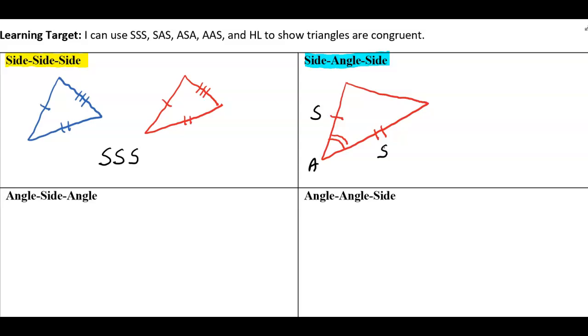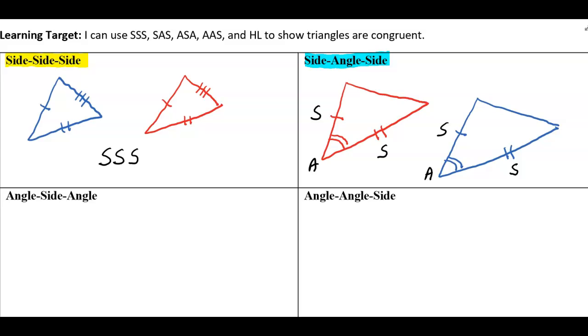So if you have two sides and the included angle, you will always make congruent triangles. So this is the typical picture that you will see. So I'm just going to draw that again here. Side, angle, side. So this is the picture for side, angle, side.